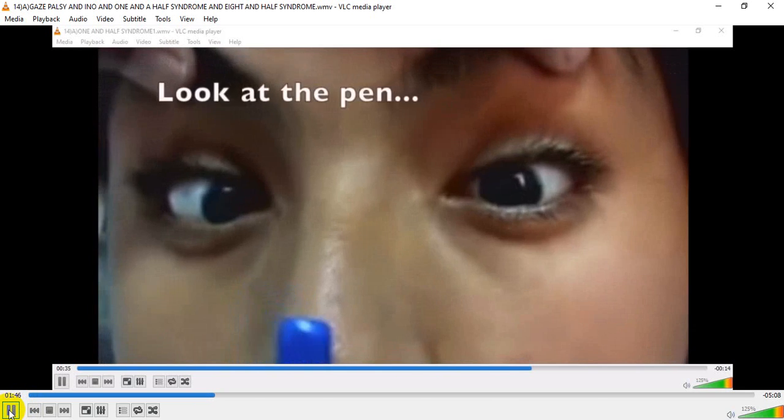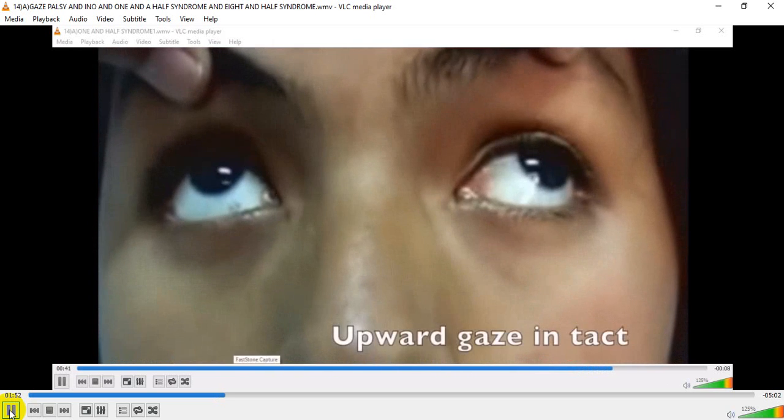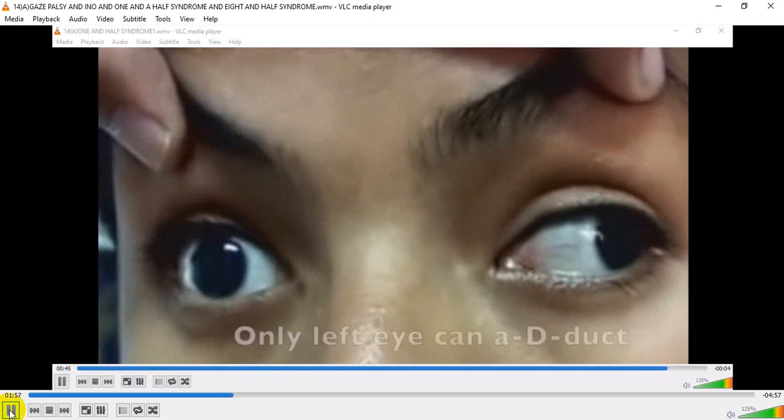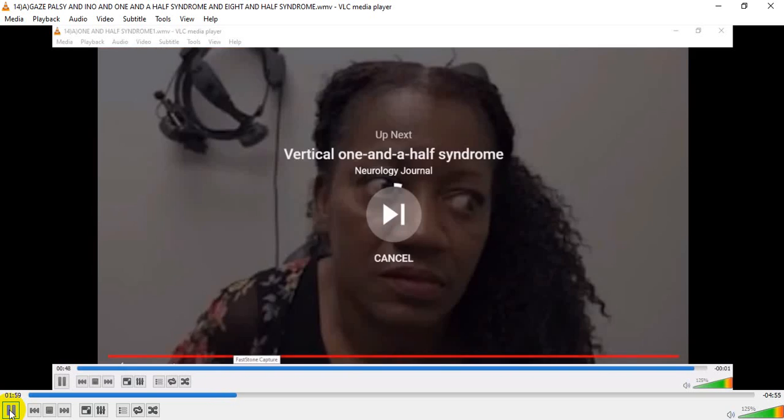Now when both eyes are open, convergence is possible, downward gaze is possible, upward gaze is possible. And while looking to the left, the right eye cannot abduct, and that is the classical thing which you can see together in what we call 1.5 syndrome.